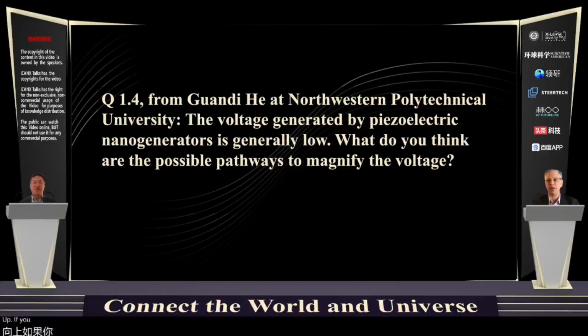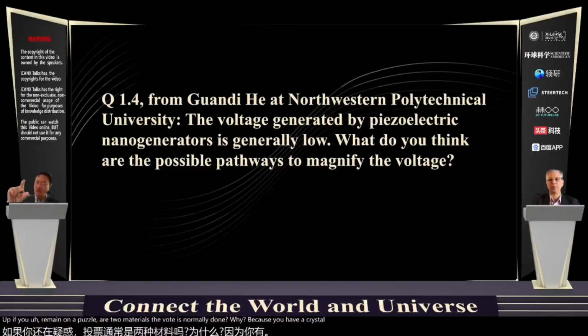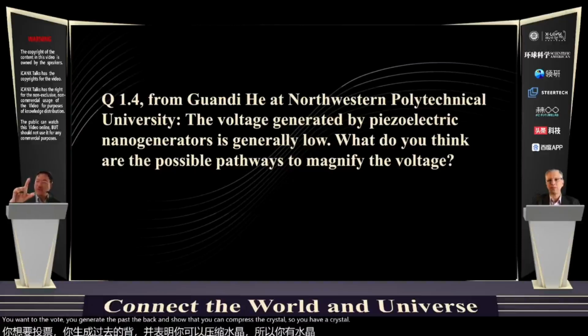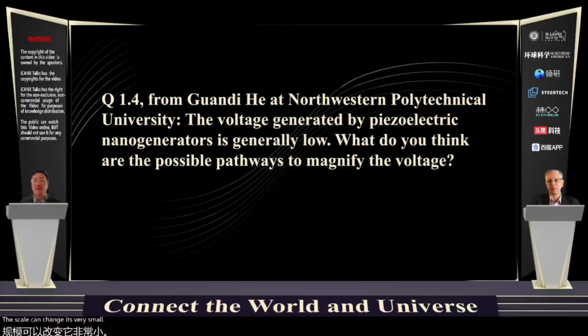If you remain on the piezoelectric materials, the voltage is normally low. Why? Because you have a crystal. The voltage you generate depends on the magnitude by which you can compress the crystal. With a crystal, the scale can change only very slightly. That's why the voltage is low. This is the reason that 10 years ago, we discovered the triboelectric nanogenerator.